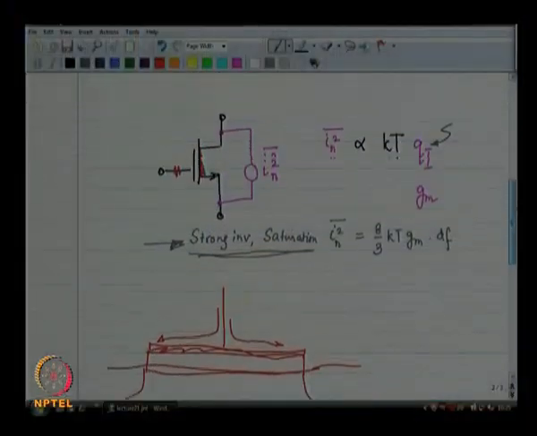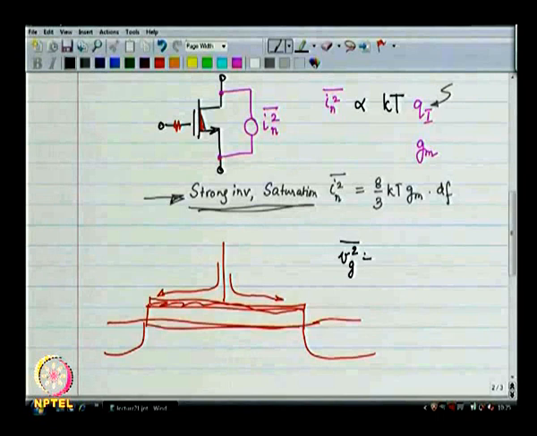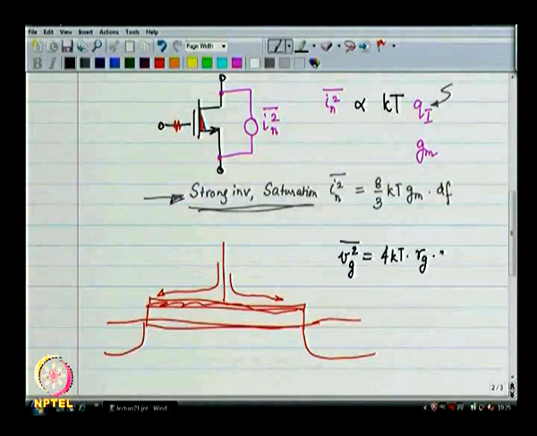So the gate has some random noise voltage on it. It develops a random noise voltage because the material is resistive, and that can be modeled as 4kT times the resistance. So you model it in this fashion.